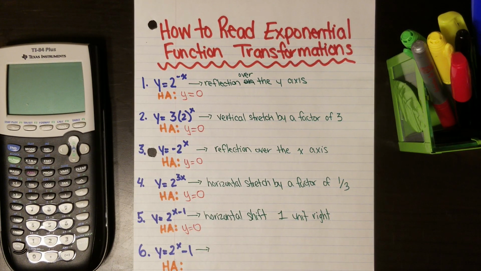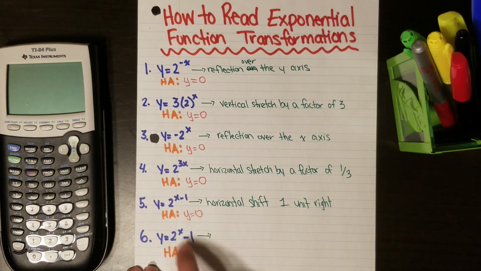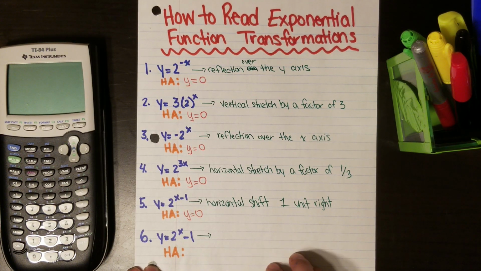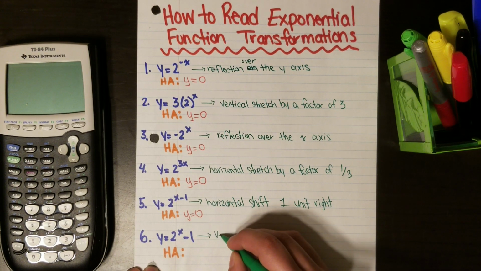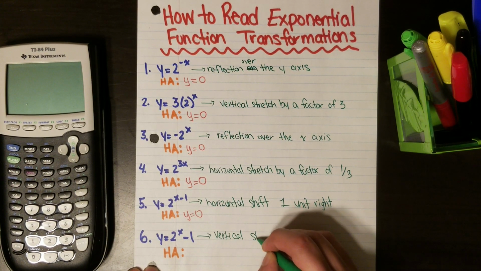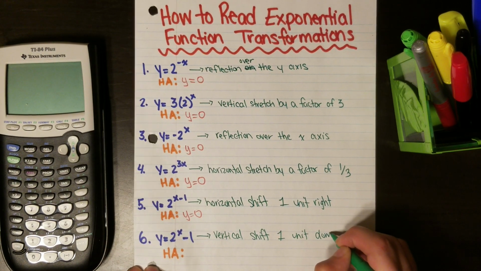Okay, last one. I have y equals 2 to the exponent x, minus 1. Okay, that -1 is your d value or your k value. So your d value deals with your y values, and specifically it deals with your vertical shift. Okay, so that's your vertical shift right there, and it's 1 unit down your graph. So it's a vertical shift 1 unit down.